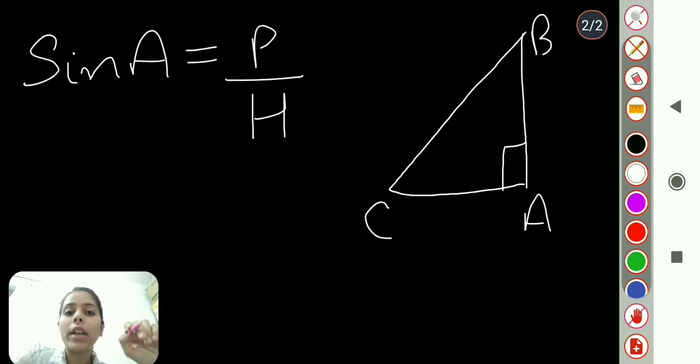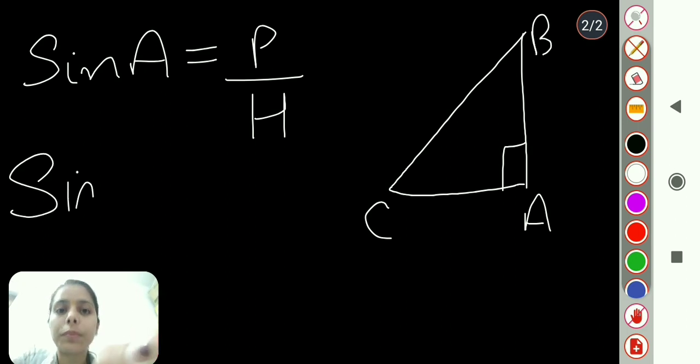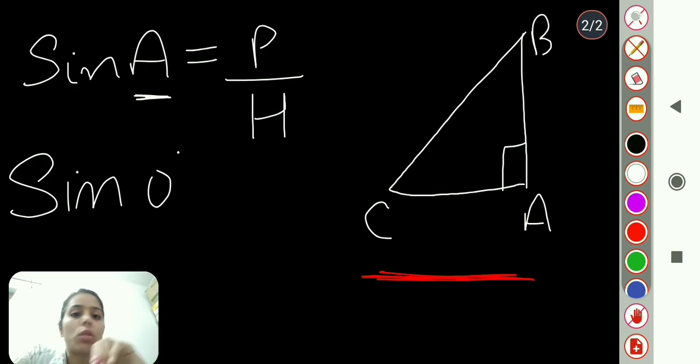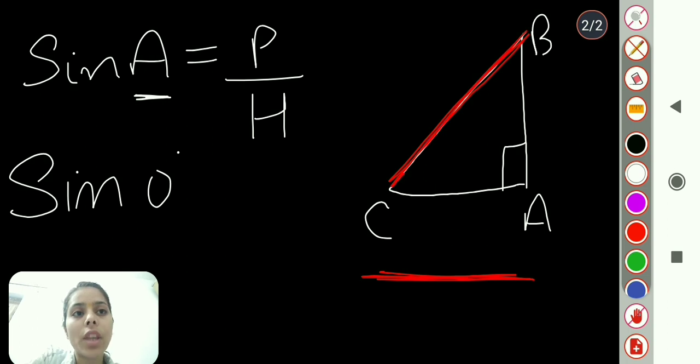But I want to find the value of sine 0. It means I have to take this angle A as 0. So in this triangle I can see right now there is not a 0 degree angle. I have to make an angle of 0 degree. So for this I will use this BC, I will use this hypo.